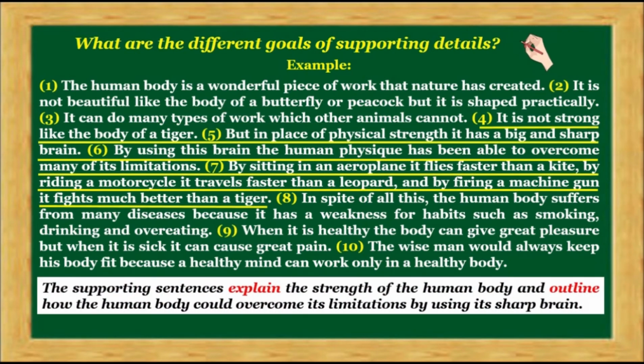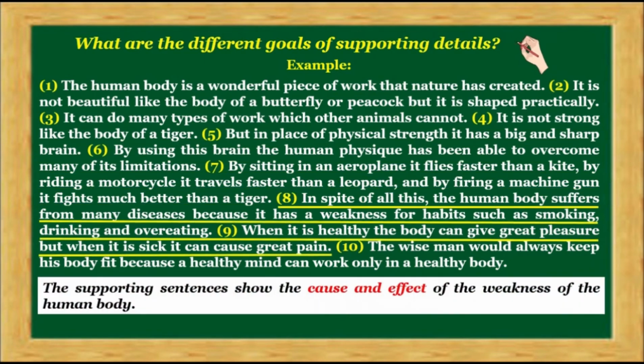Meanwhile, sentences 4, 5, 6, and 7 are supporting sentences that explain the strength of the human body and outline how the human body could overcome its limitations by using its sharp brain. And last, sentences 8 and 9 are supporting sentences that show the cause and effect of the weakness of the human body.